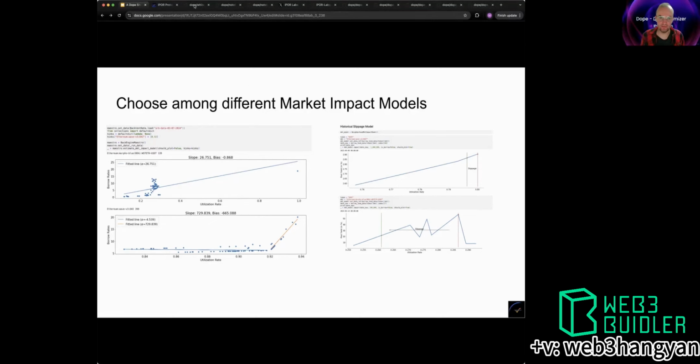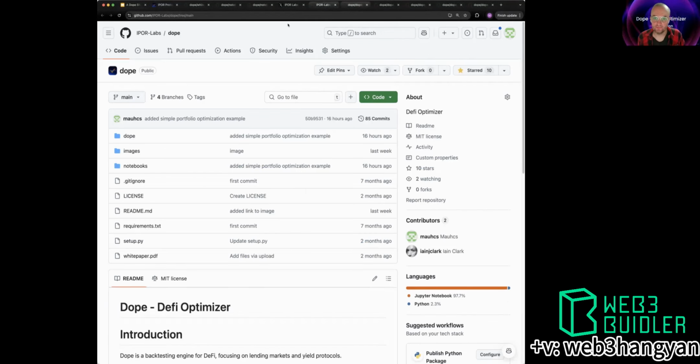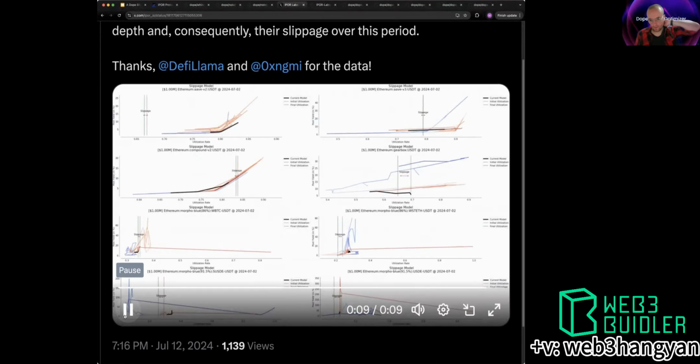Given these slides, I have a video here. This is one quick video of all these market impact models happening, I think every day. Imagine that you are doing your backtest, and every block, every hour, every day, depending on the granularity of your backtest, the accounting system on the backtesting engine in Dope needs to know what the slippage on that protocol was on that day.